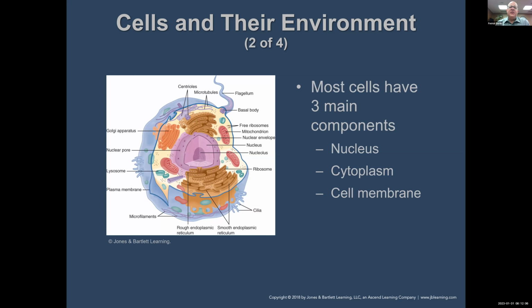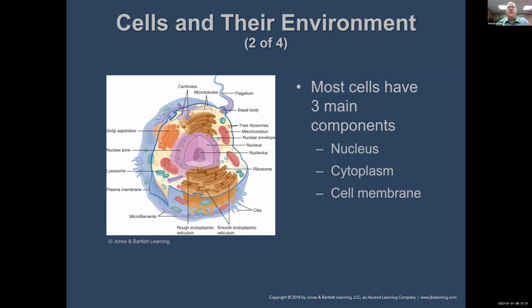So this is the basic cutaway view of the cell. The main components of the cell, obviously, are the cell membrane, and that has some permeability, which means things can pass through it via diffusion or active transport, and we'll talk about that here in a little bit.